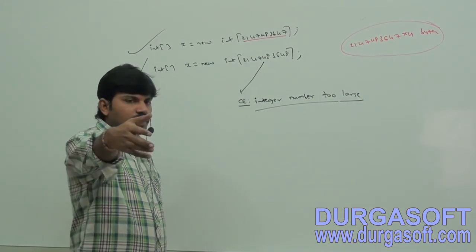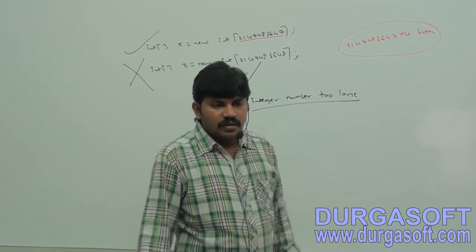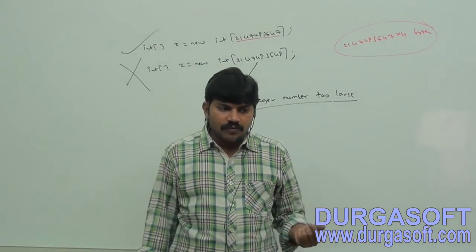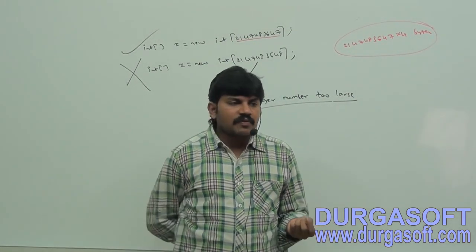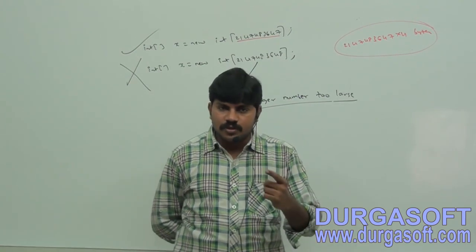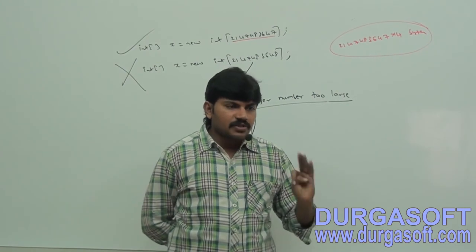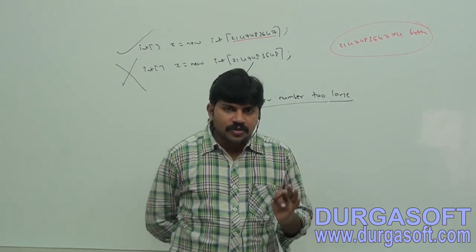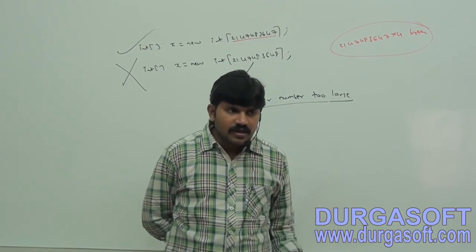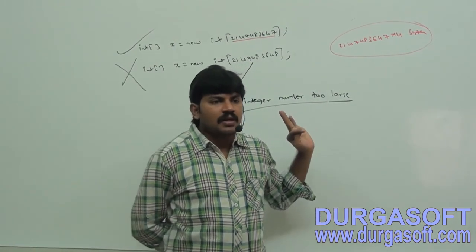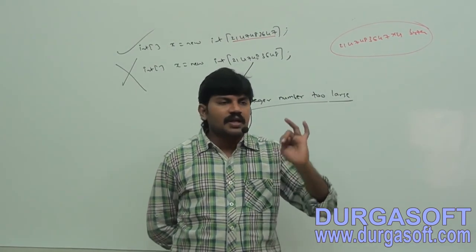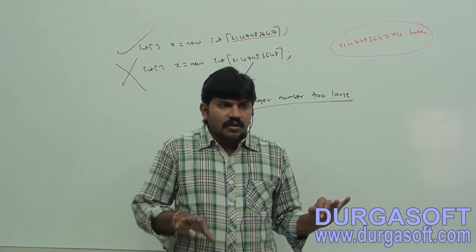Sir, can you spell out what conclusions we covered? There are 4 or 5 conclusions. First, at the time of array creation, we must specify the size. Next, it is legal to have an array with size 0. Next, if you specify a negative int value as the array size, we get a runtime exception, NegativeArraySizeException, but no compile time error.